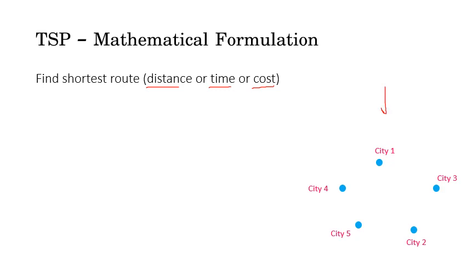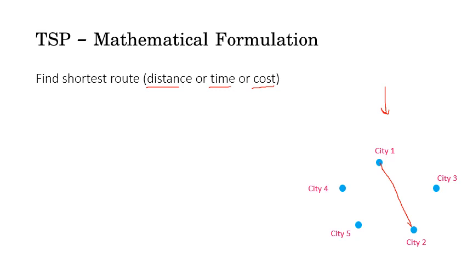Here is an example of 5 cities, and the salesperson wants to complete a tour of 5 cities. That means the salesperson must travel to every city in this tour. Okay, so let's consider one of the several possible ways of completing this tour of 5 cities. Let's say that the salesman starts his journey from city 1.